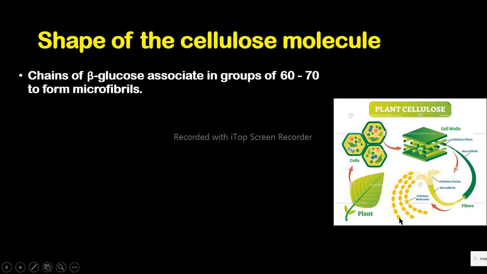These ones. These many chains of beta glucose molecules associate in groups of 60 to 70 to form what we call the microfibrils. These ones.